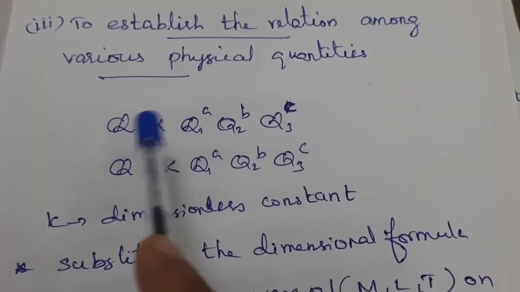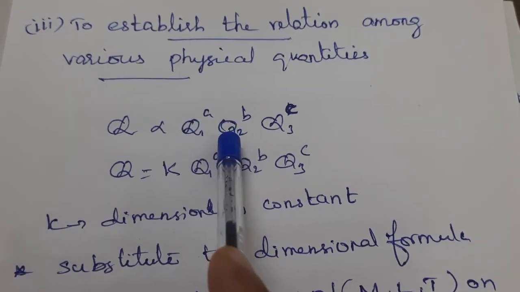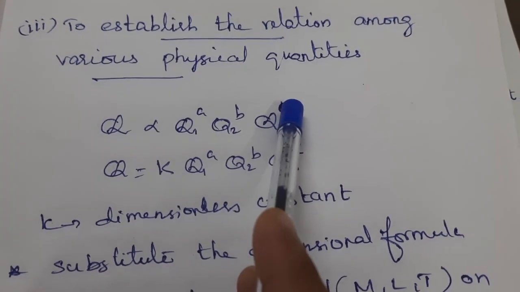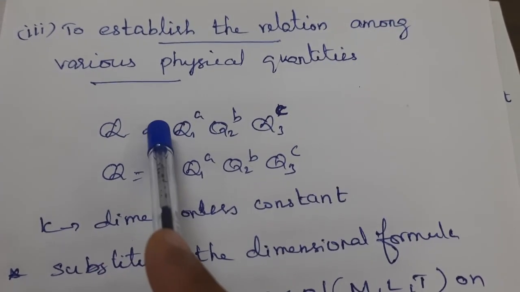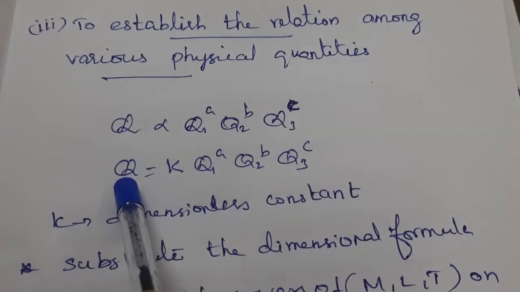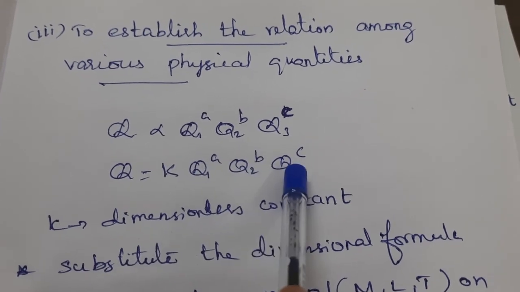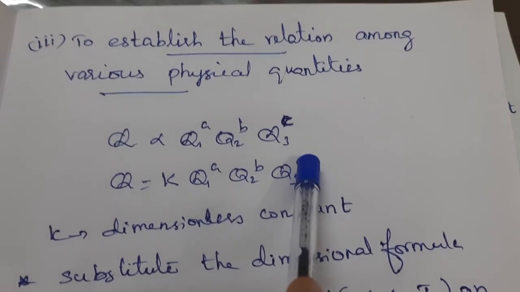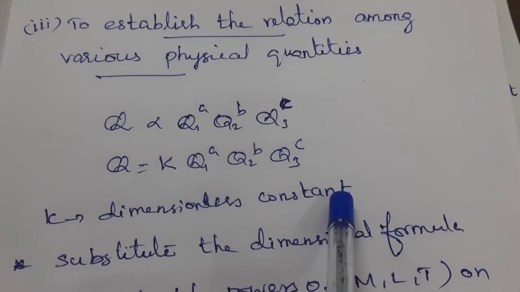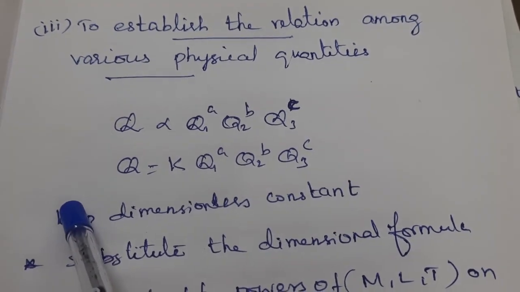So we can write Q proportional to Q1 power a, Q2 power b and Q3 power c. So in order to find the relation, we have to frame the formula. So proportionality can be removed. We can write Q is equal to k, Q1 power a, Q2 power b and Q3 power c. Actually, k is a dimensionless constant. The value will be given from the experiment. Constant value.